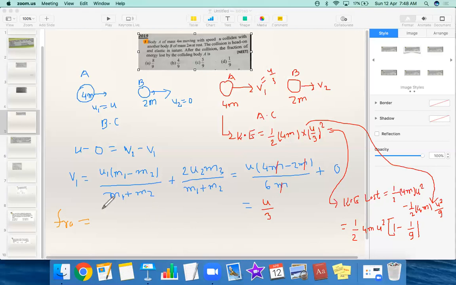This quantity, half into 4m into u square into 8 by 9, divided by the initial energy, half into 4m into u square.